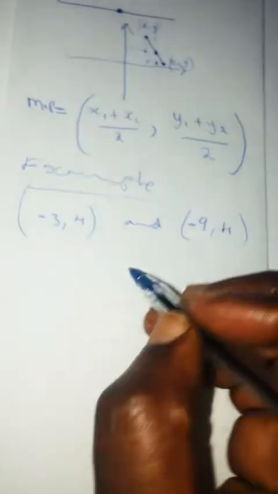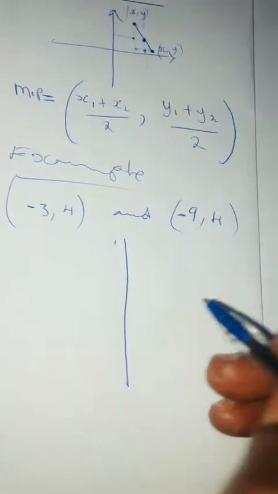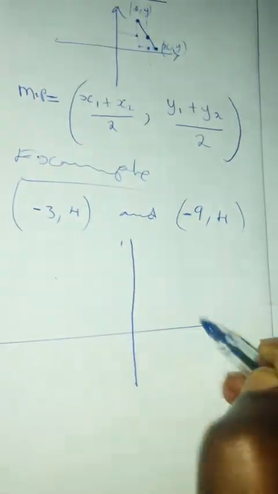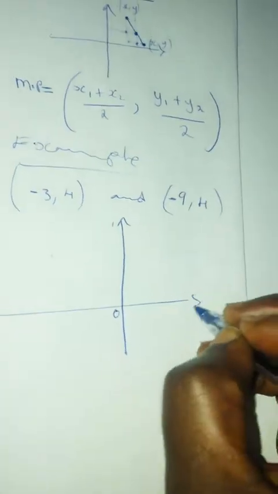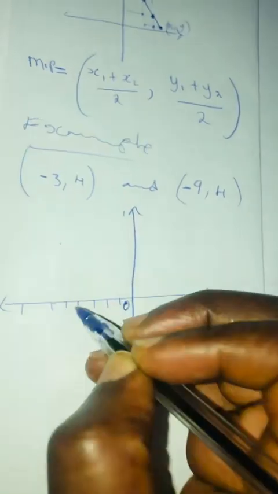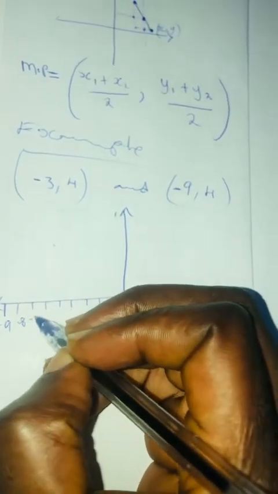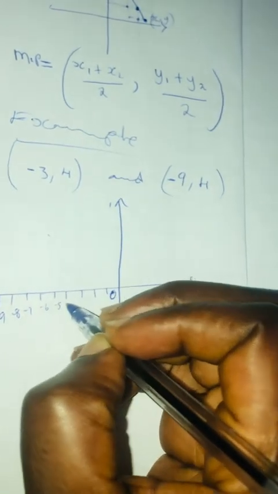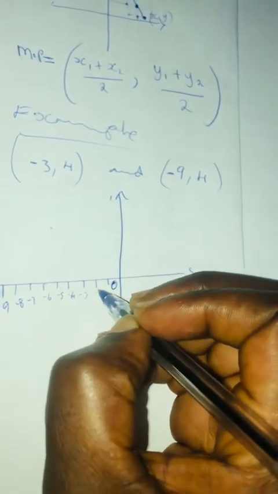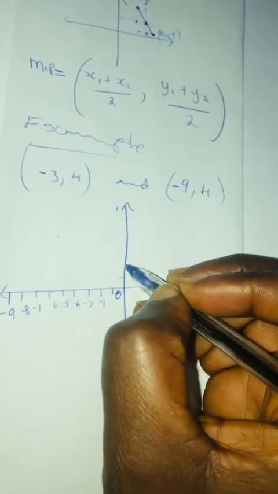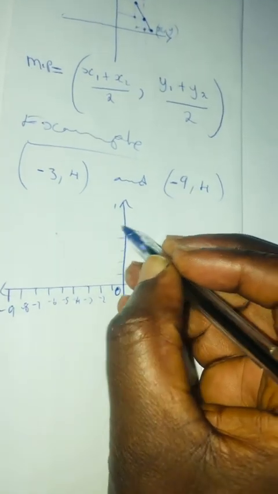Let's see, if we have a Cartesian plane like that, I have 0, 5, 6, 7, 8, 9. So negative 9 is there. Negative 7, 6, negative 5, negative 4, negative 3, negative 2. And then I have 1, 2, 3, 4, 5, 6.